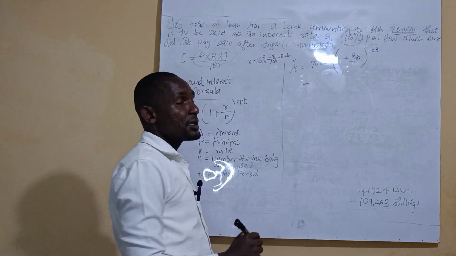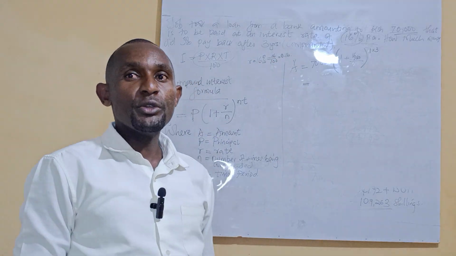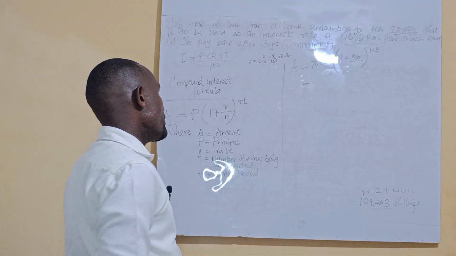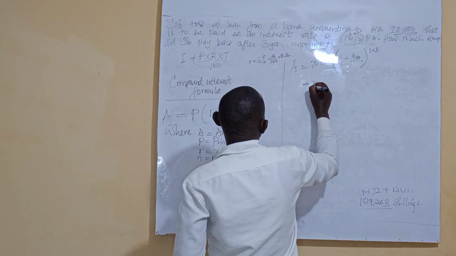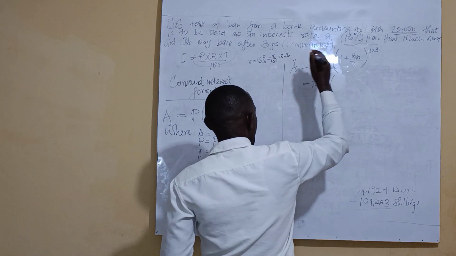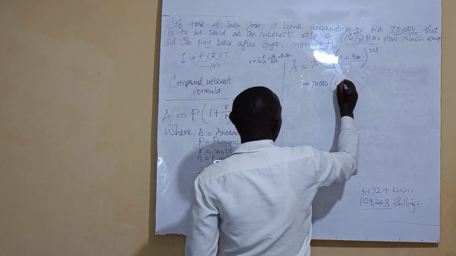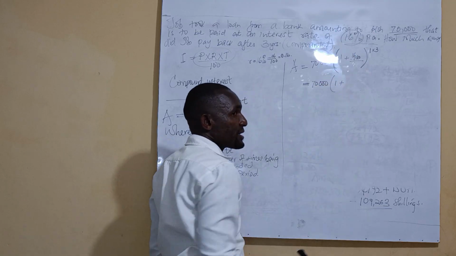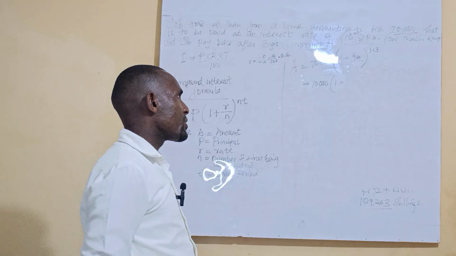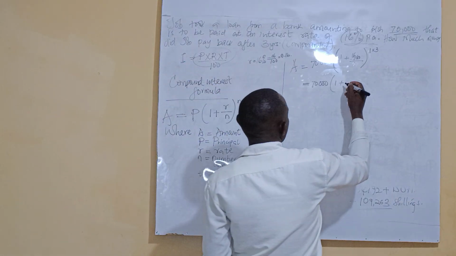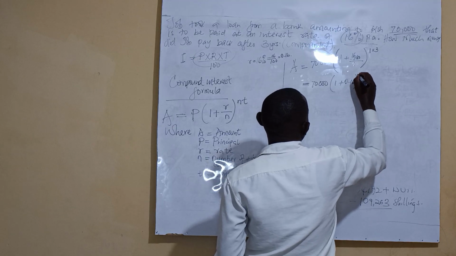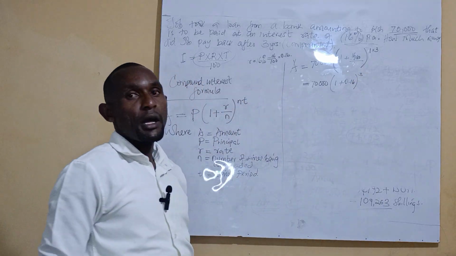So you'll be using 0.16, or that fraction converted into a decimal. So it is going to be 70,000 multiplied into brackets 1 plus 16% divided by 1, which is simply 16%, so 0.16. So plus 0.16 into brackets cubed, or power 3.